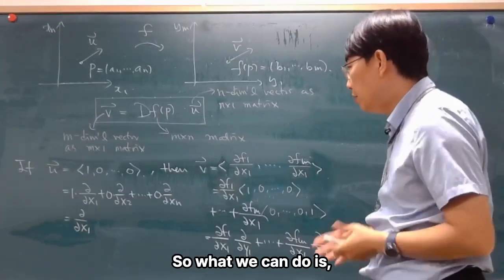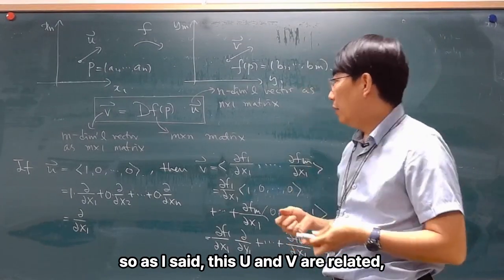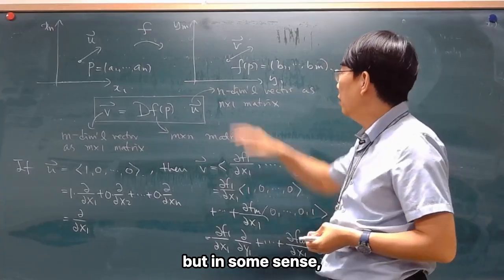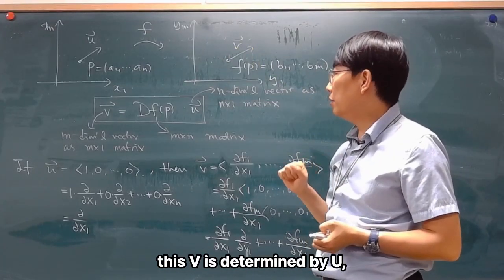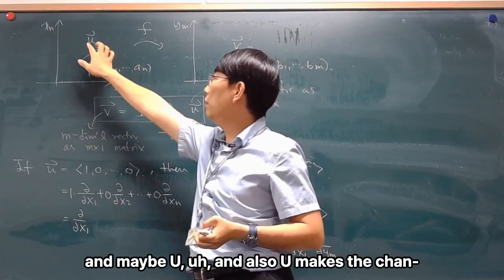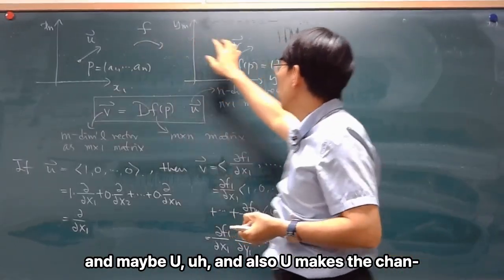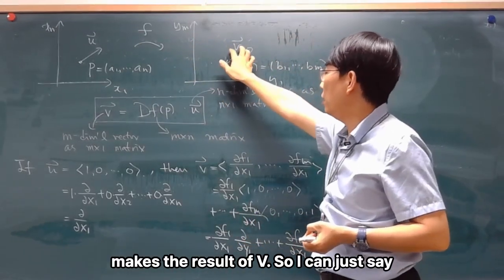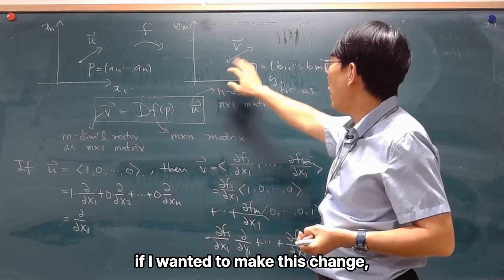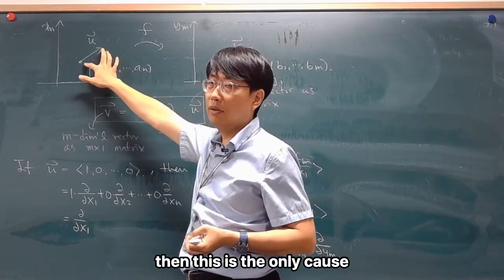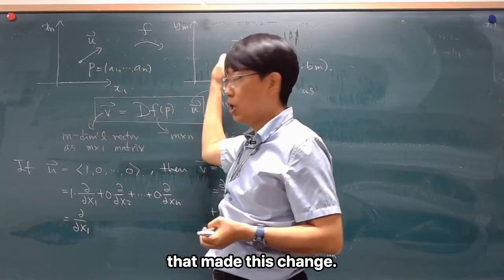So as I said, this u and v are related. In some sense, this v is determined by u, and u is the cause of the result v. If I wanted to make this change, then this is the only cause that made this change.